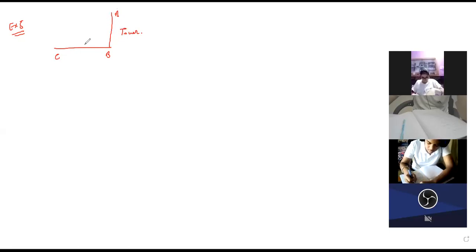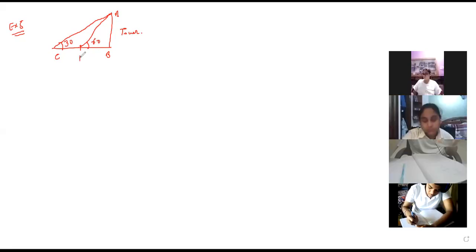Now see, when the sun's altitude is 60, the angle is formed like this, so the shadow of the tower will be 40 meters longer when the angle becomes 30. See, this is 30, this is 60, let it be D, and this is 40.